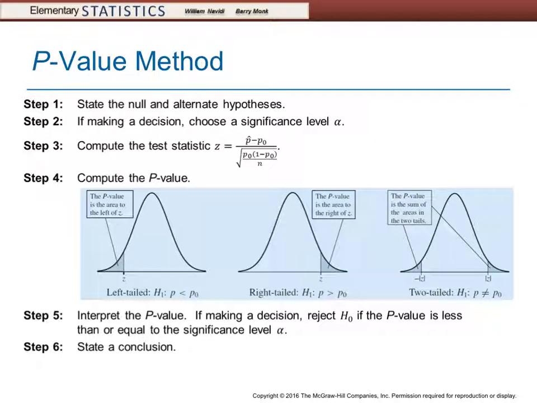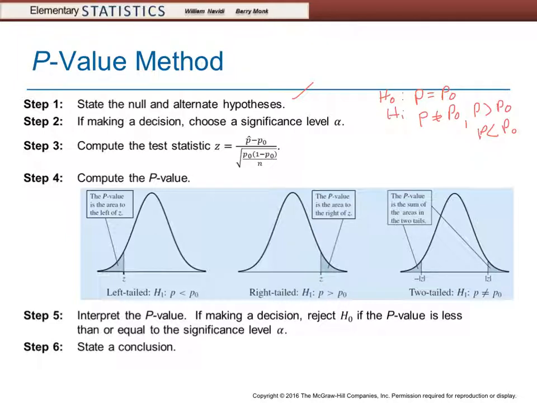So the p-value method is the following. First, we state the null and alternative hypothesis. That means we have an H naught where p is equal to p naught, and H1 is p is not equal to p naught, or p is greater than p naught, or p is less than p naught.